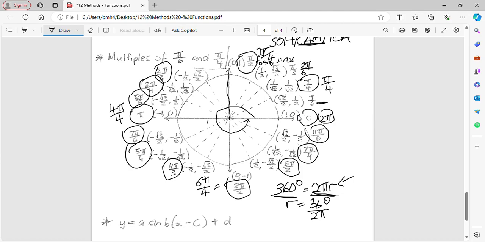So that's running through the multiples of pi on 6 and pi on 4, and I'm pretty sure in the textbook it's in a table, but you can memorize it by using the unit circle if you want to.